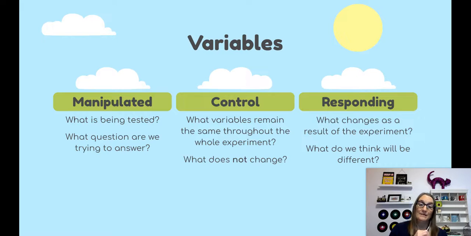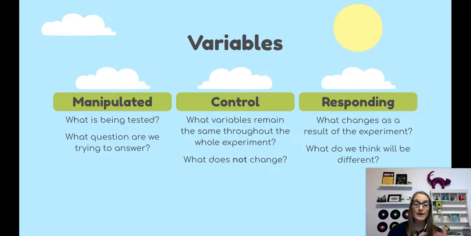The manipulated variable is the condition that is changed by the scientist because that is what is being tested. As we go through the procedure, think about what we are changing in the experiment. Which conditions are we intentionally changing in order to test them?